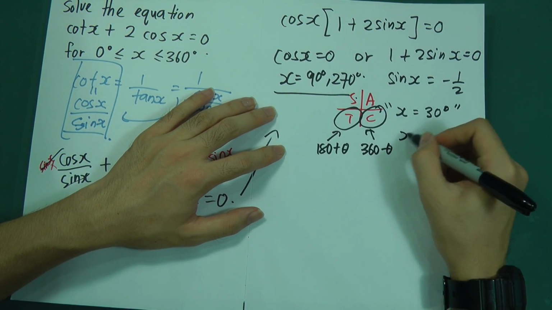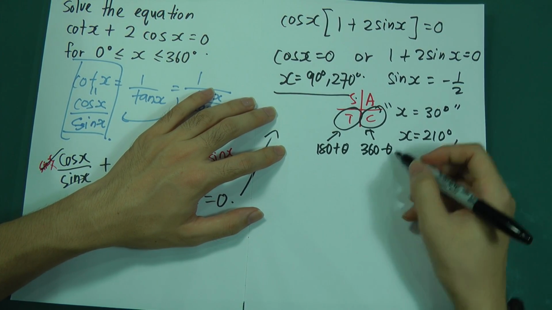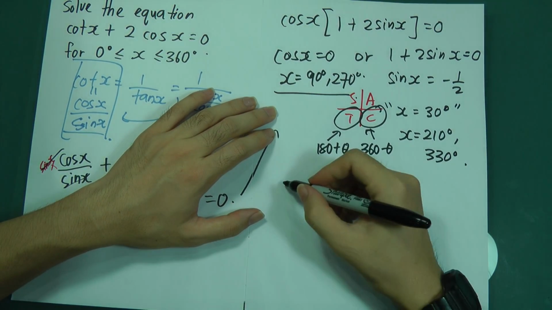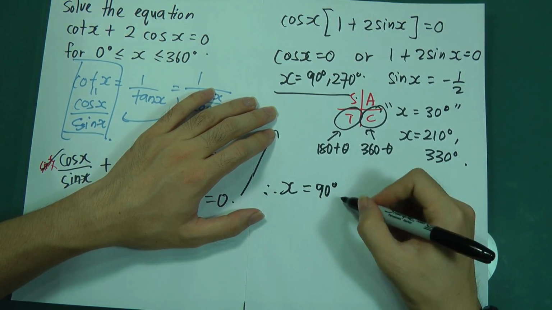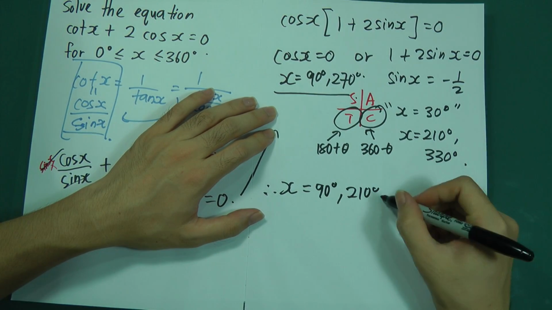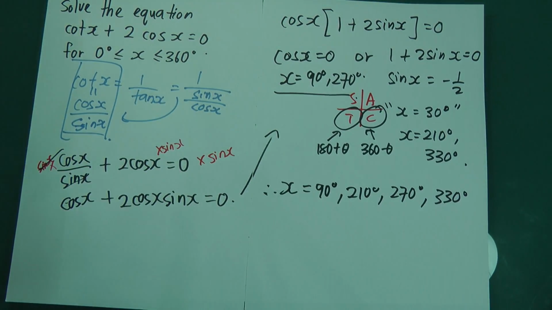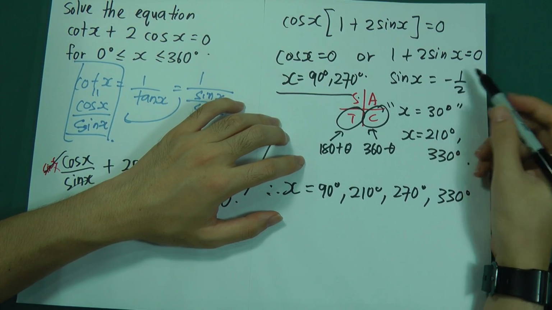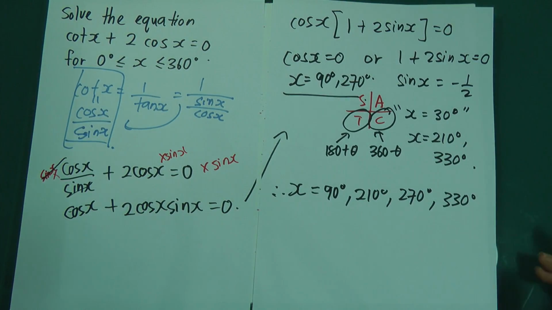So x equals 30 plus 180, which is 210, and 360 minus 30, which is 330. Therefore, from smaller to bigger, x equals 90, 210, 270, and 330. Full marks, this is one of the 4-mark questions. So it is very important to understand in which quadrant sine gets negative, or in which quadrant cos gets negative.